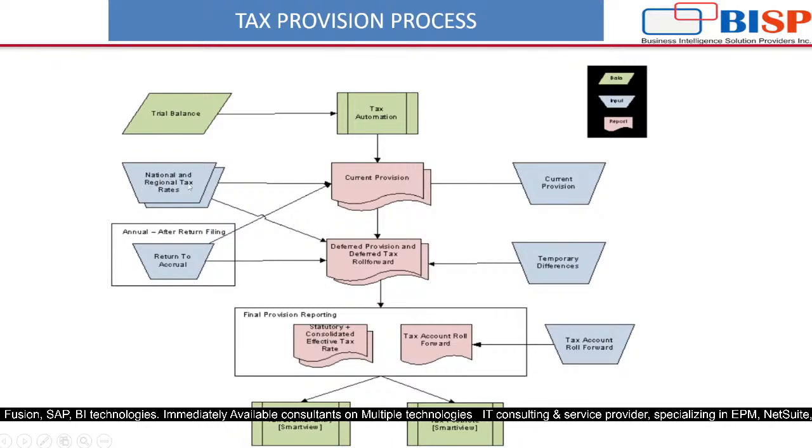Also, in case there are any RTA adjustments or return to accrual adjustments, so there is any data from the previous year return which needs to be input in the current year data, and in case there are any adjustments required in the previous year return which need to be input in the current year data, we also do that through this application.